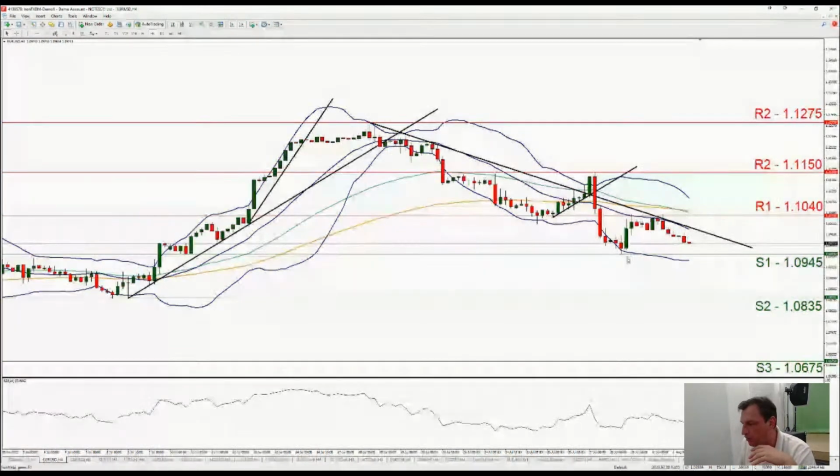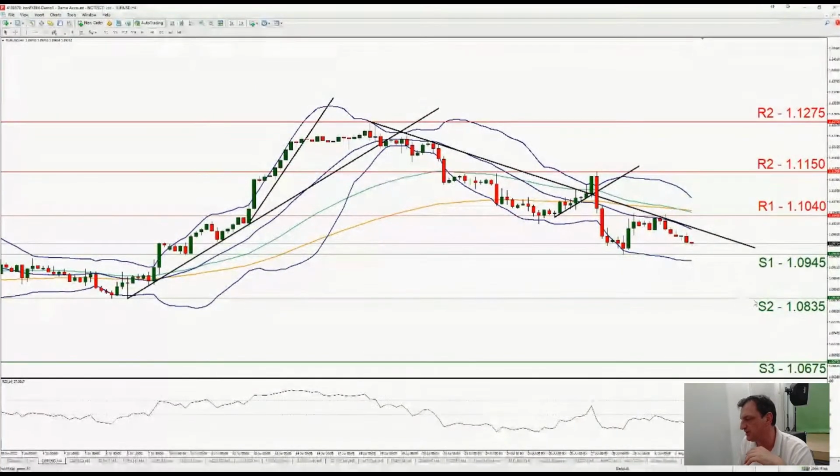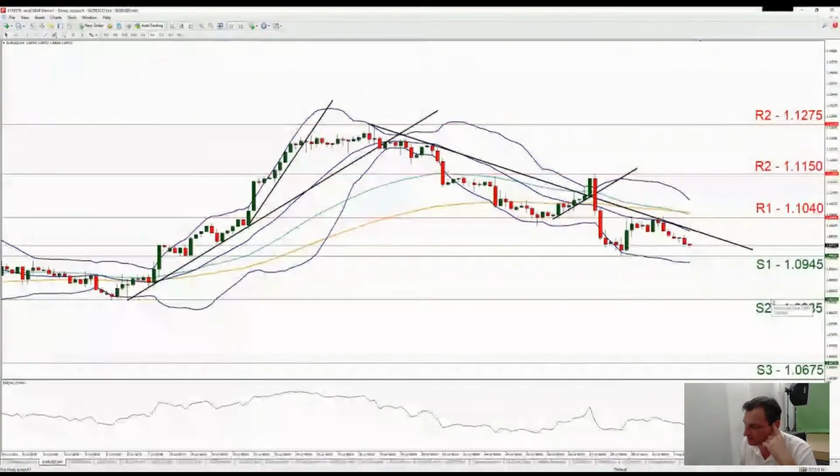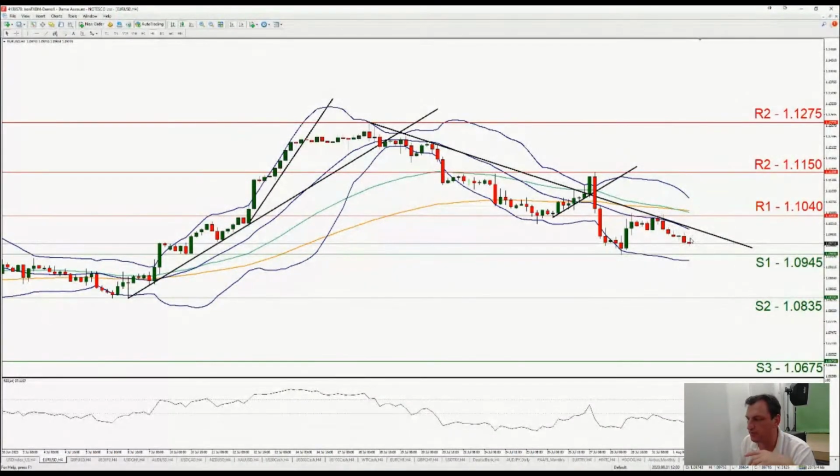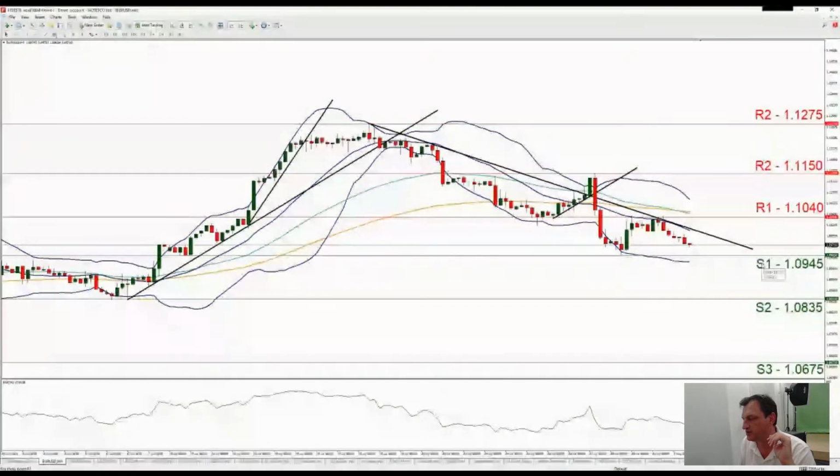So practically, I would require the price action to drop, break the S1 1.0945 in order to mark a lower low point than this one. In that case, we may see the price action start aiming for the S2 1.0835. However, that, given the rate at which the pair is dropping, may happen in 2 days' time. For the time being, I maintain a bias for the sideways motion to continue, and possibly we may see the pair respecting the R1 and the S1.